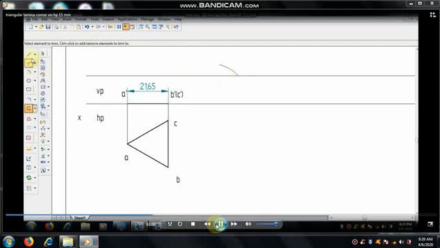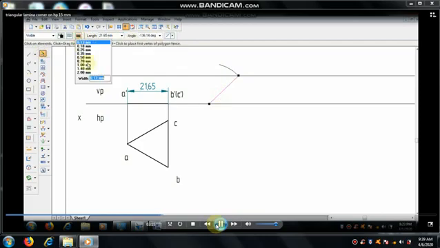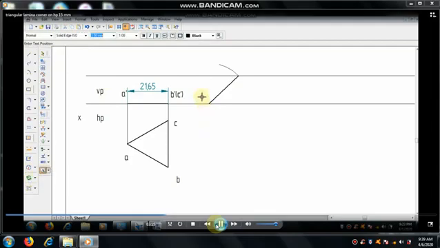Unwanted portion I removed. Then for the same 21.65 with the center point, join that one and make it 0.5 mm thickness. Now we mention the names A dash, B dash in bracket C dash and check the angle, because we have to find out the angle.